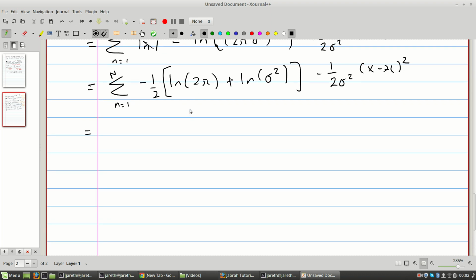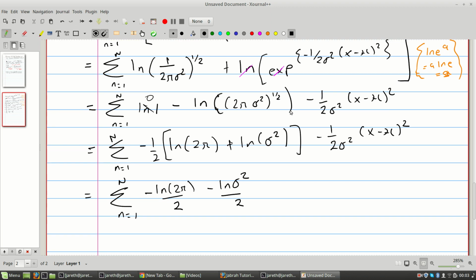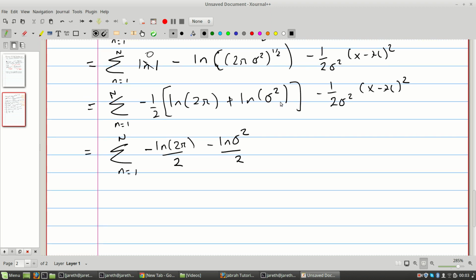Okay, we have reached this point. So we take the summation from n equals 1 up to n, still the same thing. Then we have minus ln 2 pi over 2, minus ln sigma squared over 2, right? This is what we have. And of course, all of this is still within the summation operation. So where is the rest?